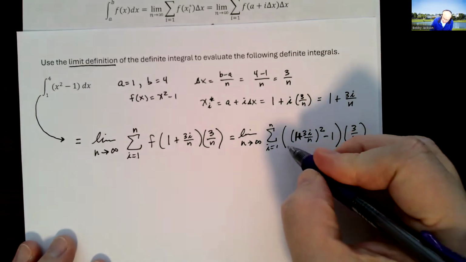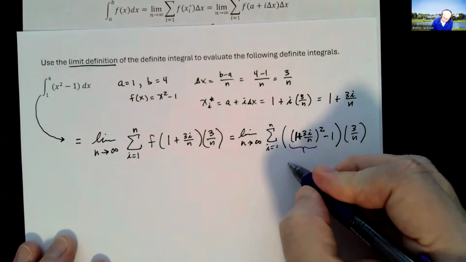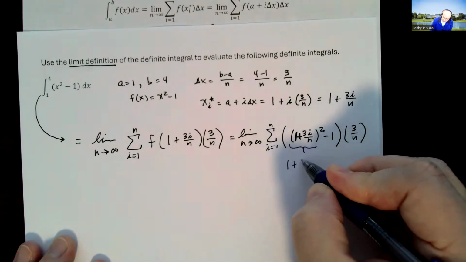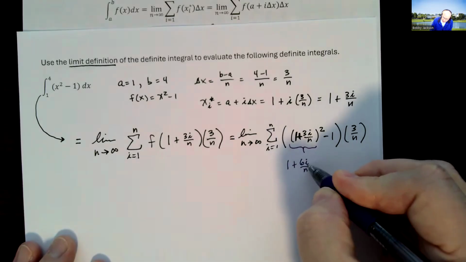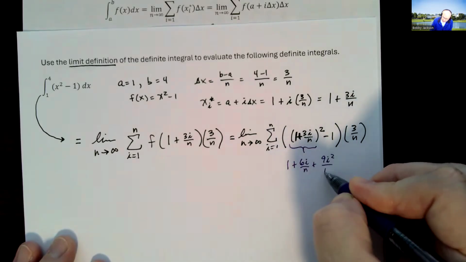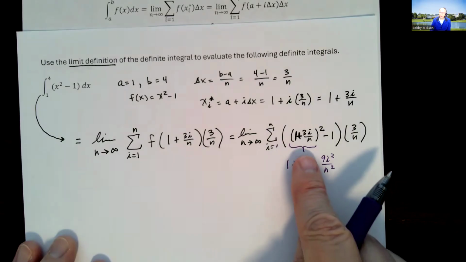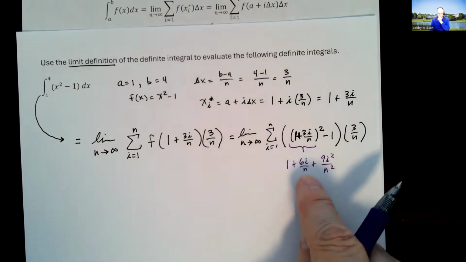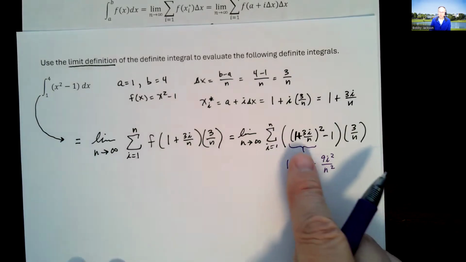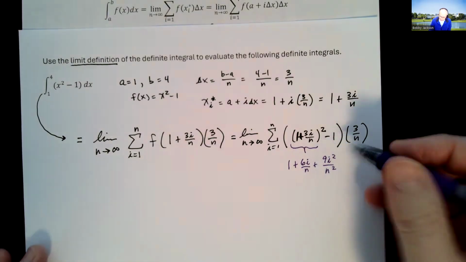Just remember, if I square 1 plus 3i over n, what do I get? I get 1 plus 6i over n plus 9i squared over n squared. So be careful. When you square 1 plus 3i over n, you don't just square 1 and then square that. It's not 1 plus 9i squared over n squared. Where's the 6i over n coming from? The outer and inner terms when you FOIL that out. So make sure you know that.